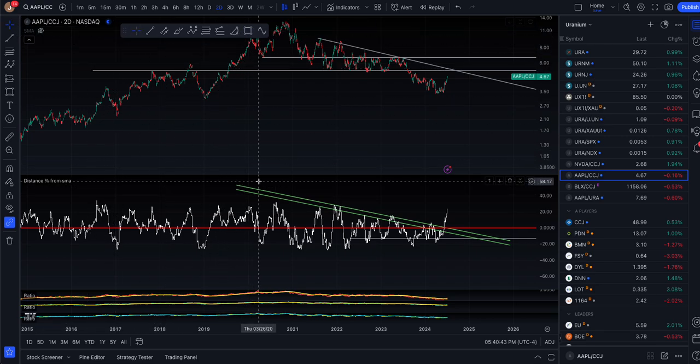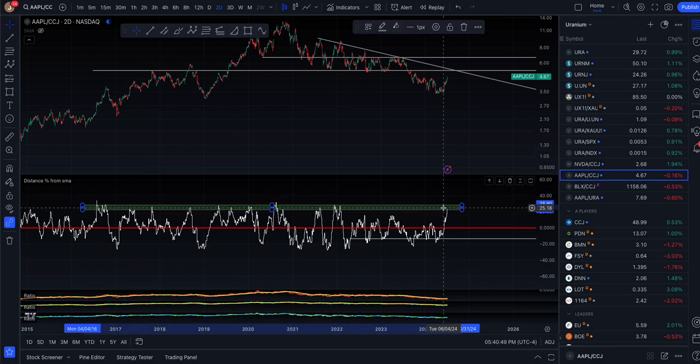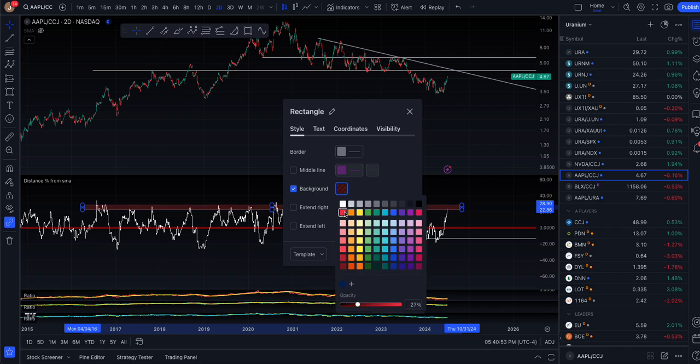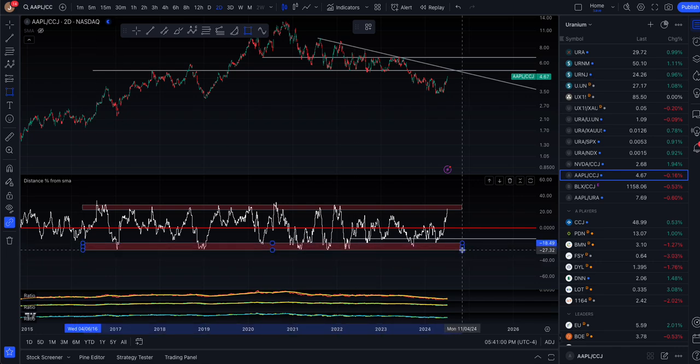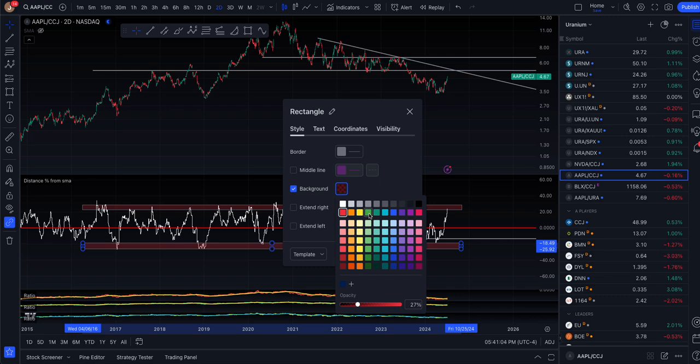Here's what I'll do. I'm going to remove the green for now. You kind of have an overheated zone, and maybe a buy zone, so to speak.